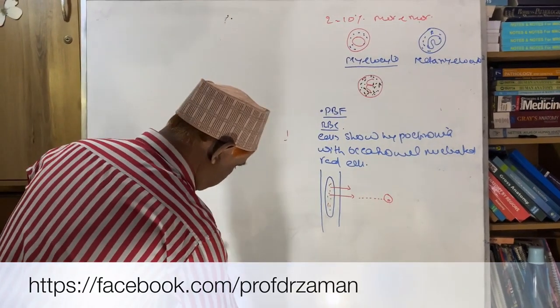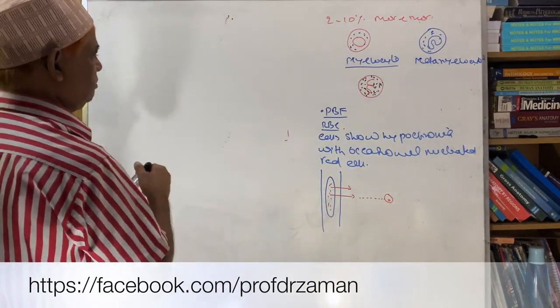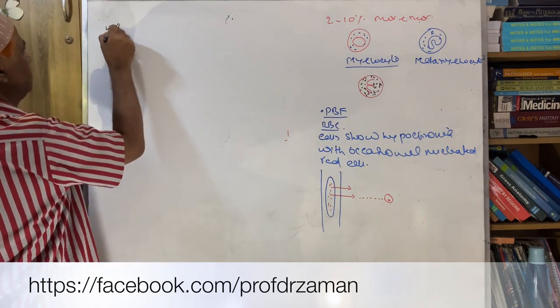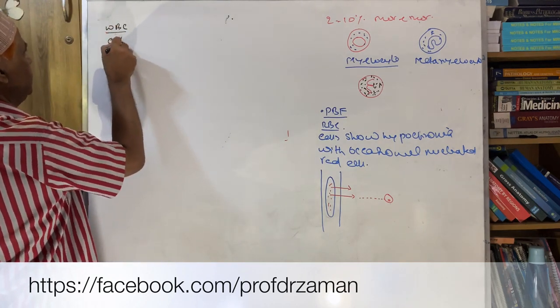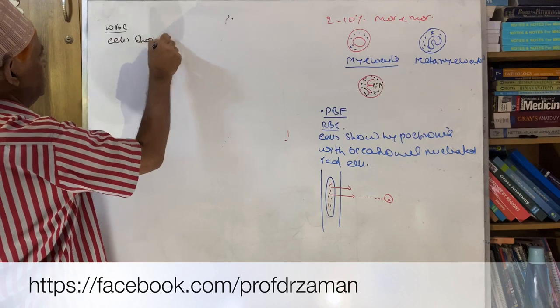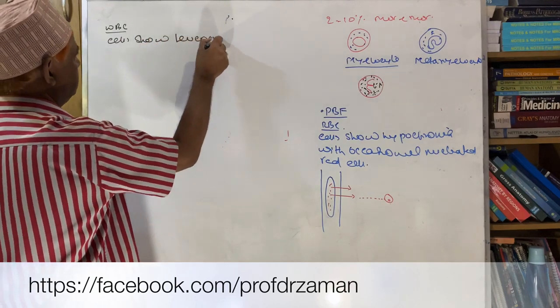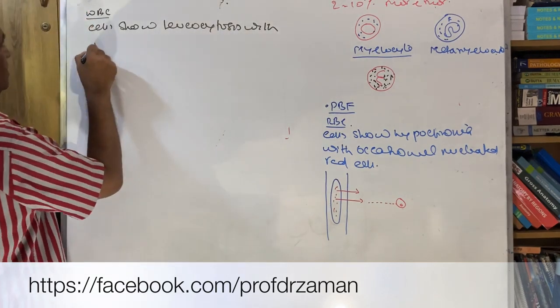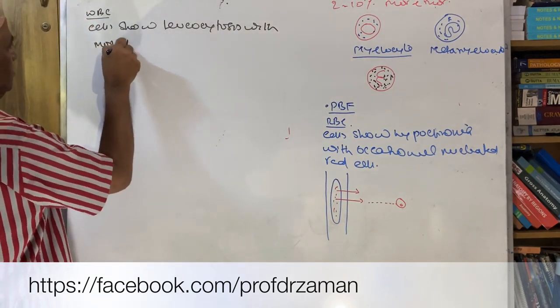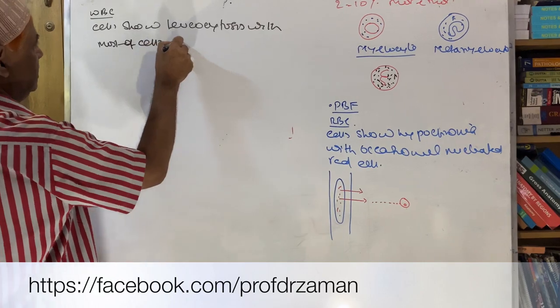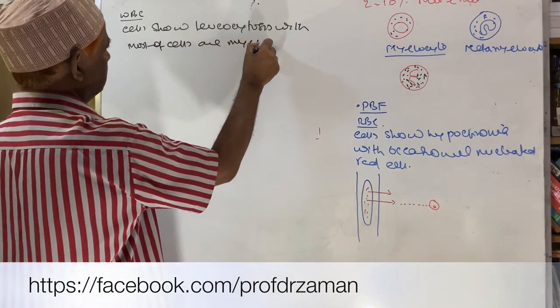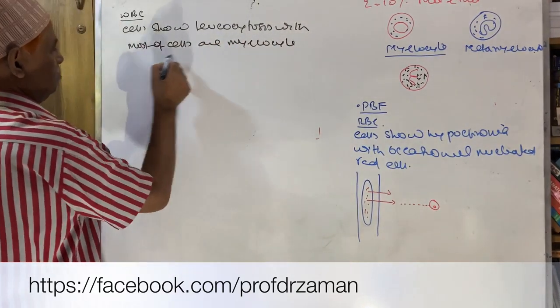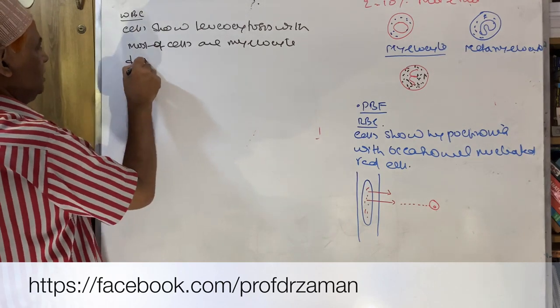Now come to the WBC series in peripheral blood. The WBC series cells show leukocytosis with most of the cells being myelocytes and metamyelocytes.